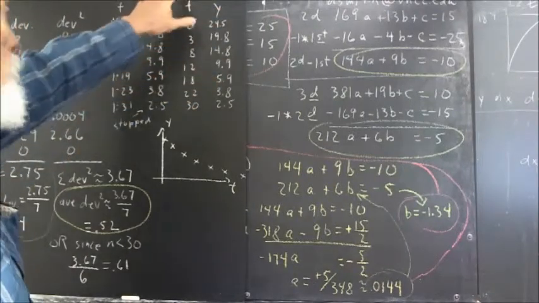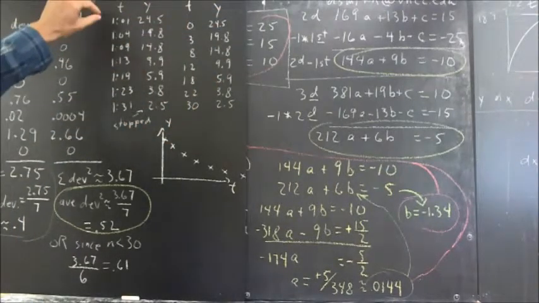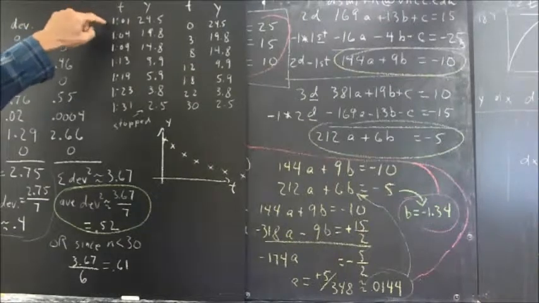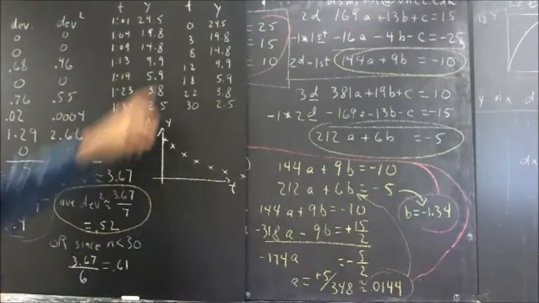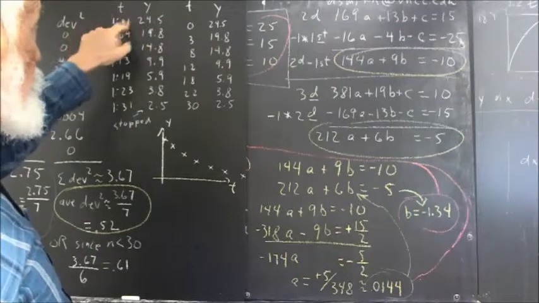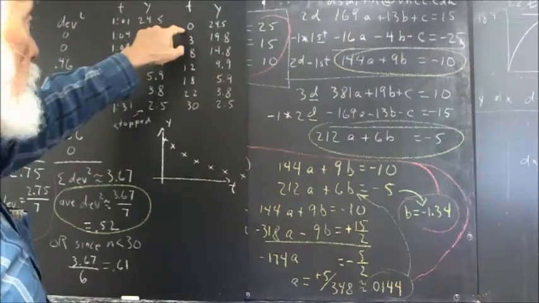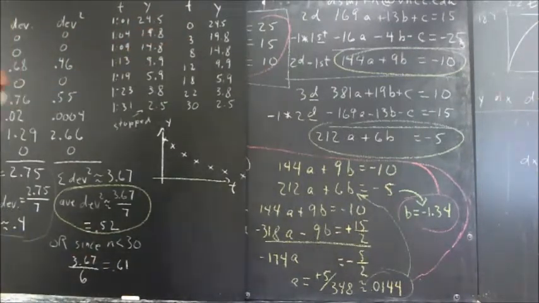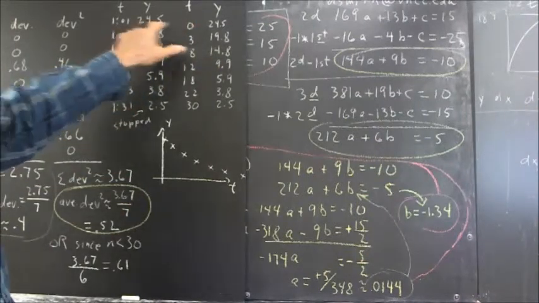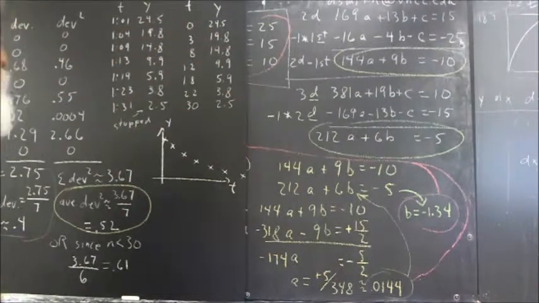Now, changing the clock time, measuring the time from the first instant, which is at 1:01. So letting the 1:01 instant be 0, I let the time be 0 at that instant. And the 24.5 centimeter depth, of course, corresponds to that time.